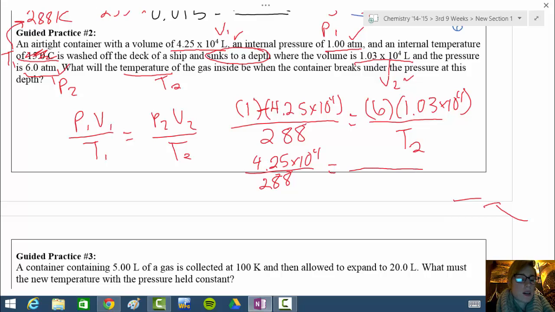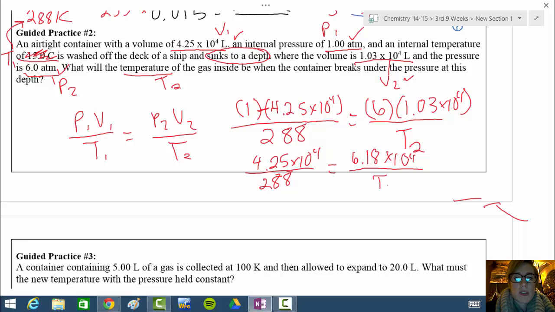And my second fraction, I need to multiply 6 times 1.03 times 10 to the 4th power, and it gives me 6.18 times 10 to the 4th power.